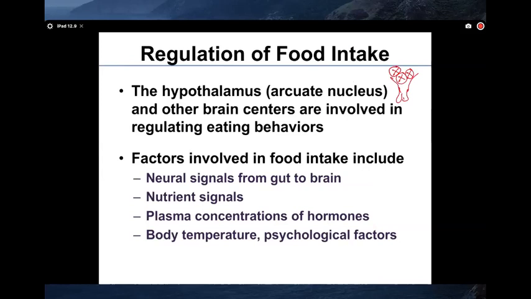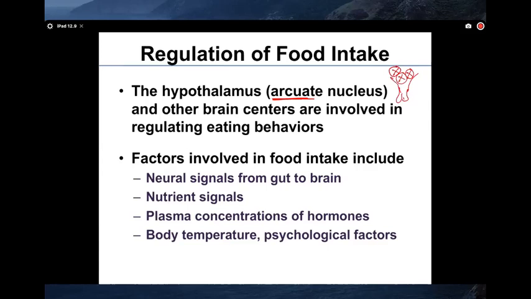In the hypothalamus, the part responsible to regulate the water intake was the hypothalamic thirst center. Here, the part of the hypothalamus that is responsible to regulate the food intake is going to be the arcuate nucleus. Other brain centers are also going to be involved in regulating the eating behaviors.